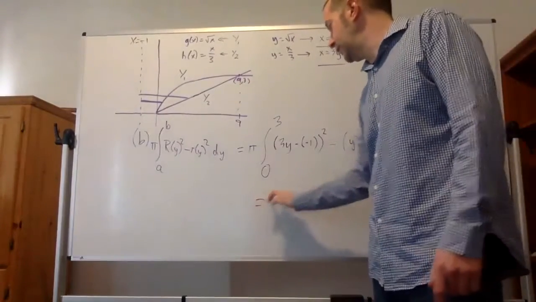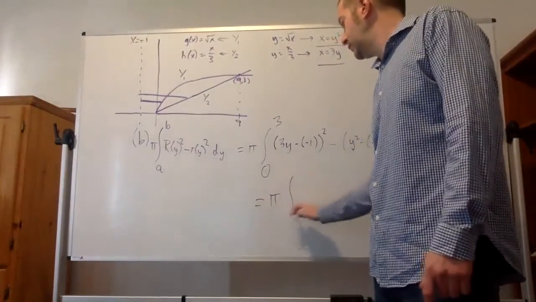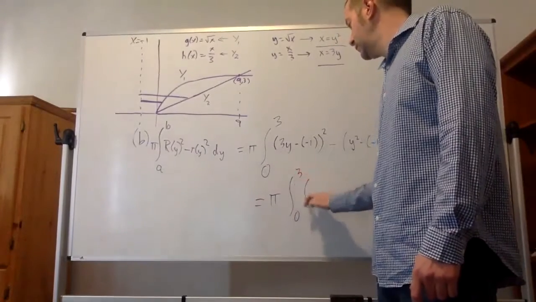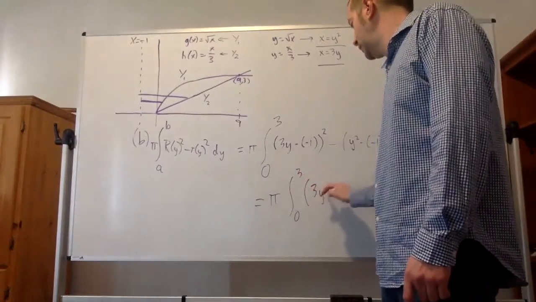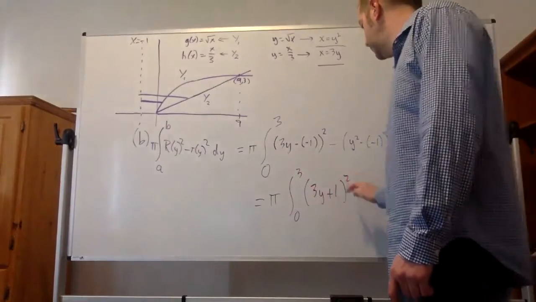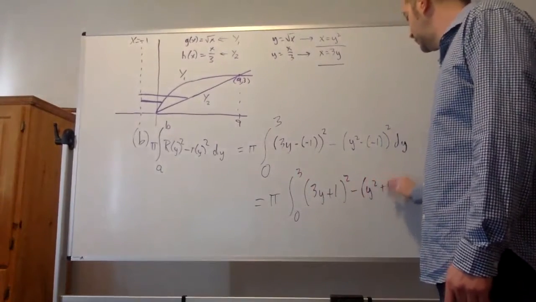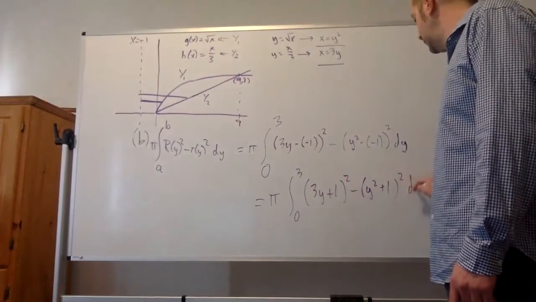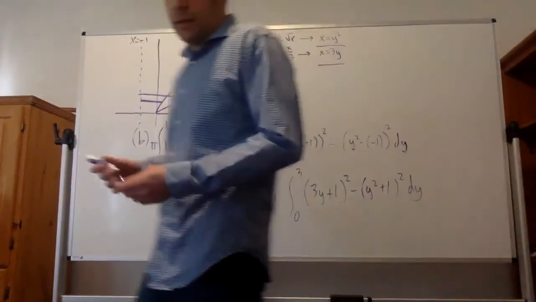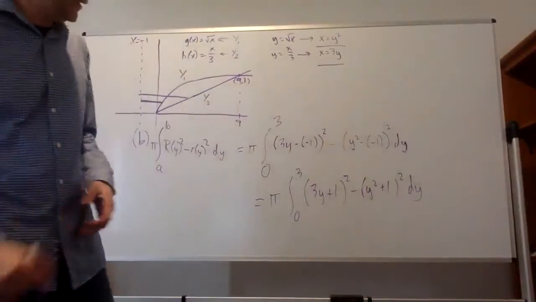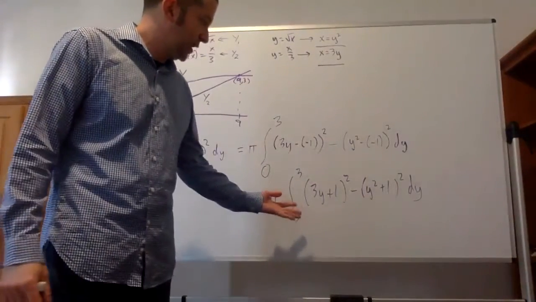So this one is going to be pi times the integral from 0 to 3 of (3y plus 1) squared minus (y squared plus 1) squared dy. And this is a kind of miserable integral.